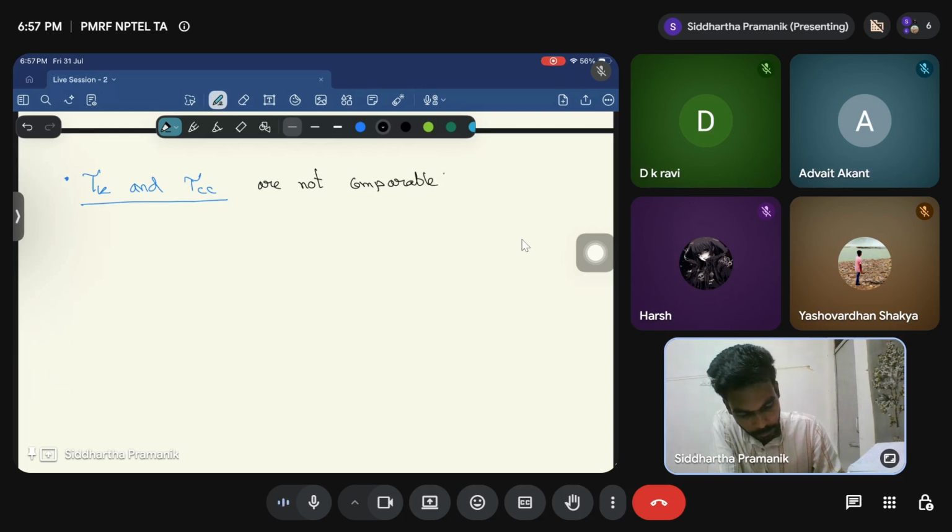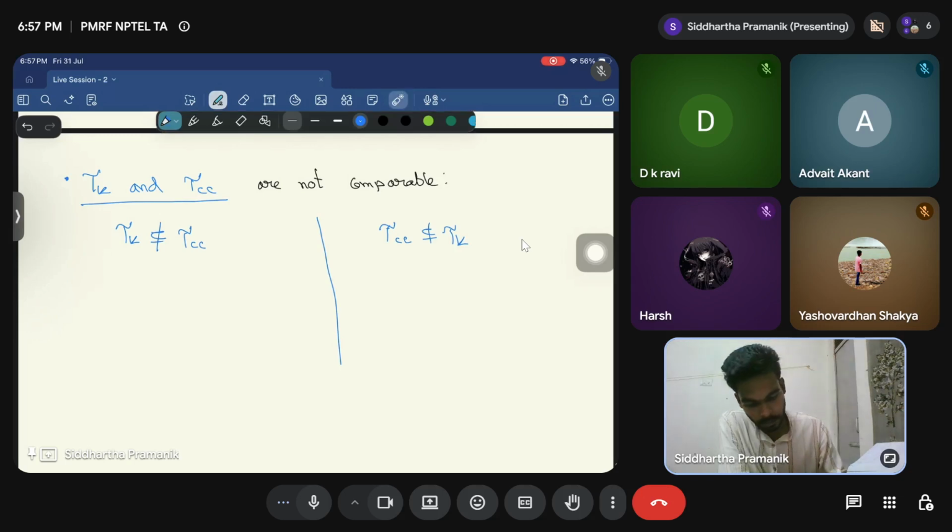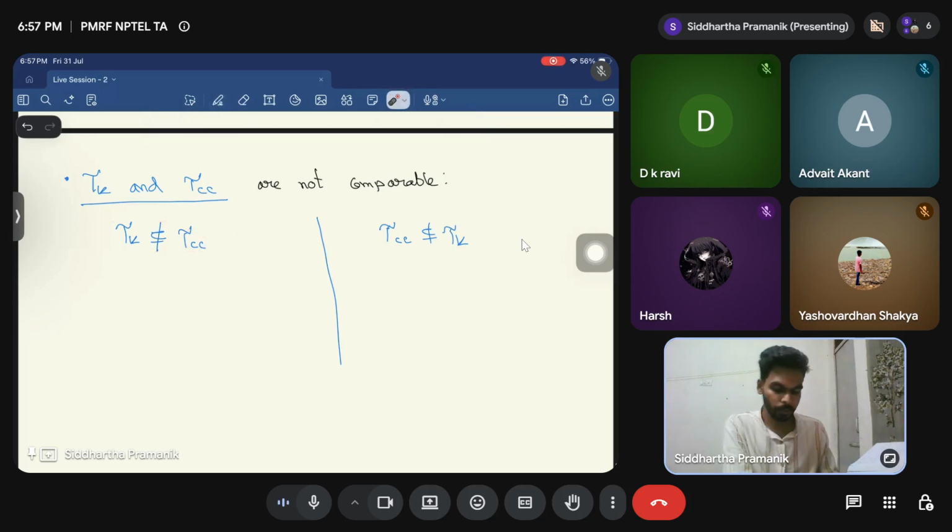And why? We have to prove two things: that tau K is not a subset of the co-countable topology, and the other way, the co-countable topology is not a subset of tau K. To prove the first one, we need to give a set which is in tau K but not in the co-countable topology. Can you give that set?